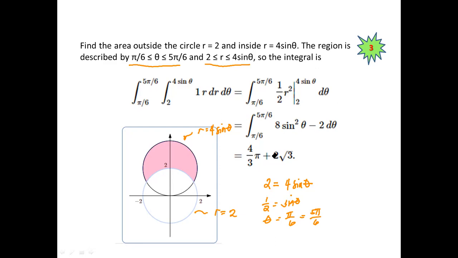Okay, the rest is substitution of the pi over 6 and the 5 pi over 6 to the theta, but that is after you have already done integrating. You need to integrate this first. After that, you substitute these sets of limits. Okay, so I think the 3 examples would suffice to illustrate how a double integral should be evaluated.